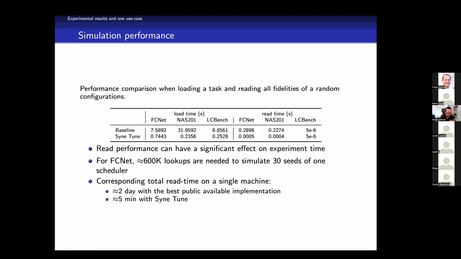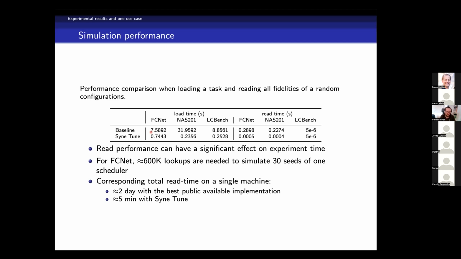So to get fast simulation, there is another thing also. We made sure that the tabular black boxes are efficient. So we have a unified format that we optimize for this use case. And here you see the performance on the 3 benchmark families. Baseline is basically the best code you can find.